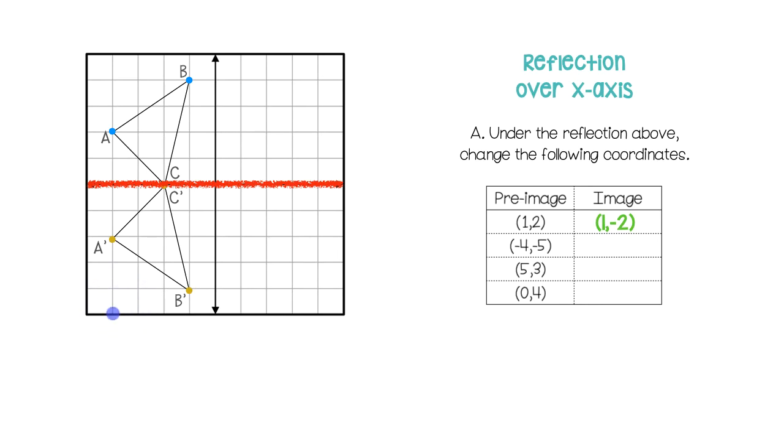If I have (-4, -5), that's 5 below, so I want to go 5 above to get the point (-4, 5). (5, 3) is 3 above, so I want to go 3 below to have a perfect mirror image at (5, -3). Then I have (0, 4), that's 4 above, so I need to go 4 below to create my reflection over the x-axis, which is (0, -4).